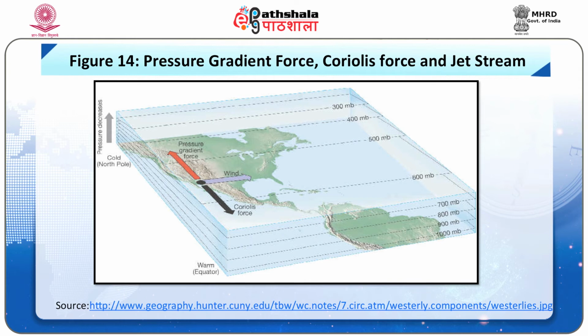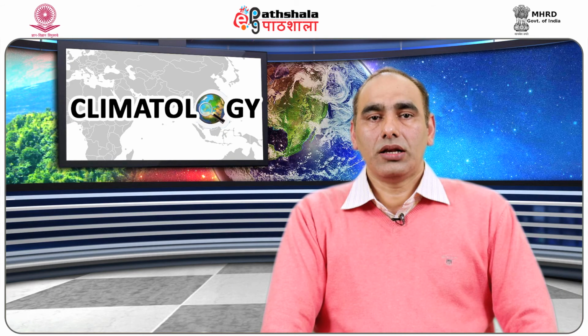The key aspect of the origin of jet streams is large thermal contrast at the surface, which produces steep pressure gradients aloft. Hence, stronger upper air winds as jet streams develop within the slower general westerly flow or as the core of Rossby waves. Let us come to types and distribution of jet streams.